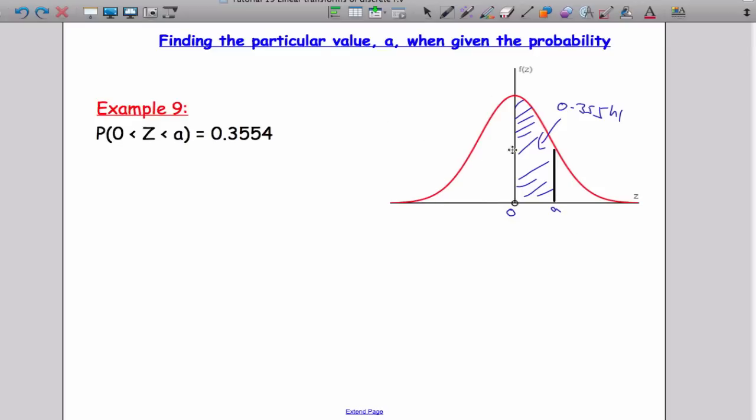Now I won't be able to work this out straight away, but I do know that if I add on 0.5 to this, it will give me the total area to the left of A. So if I add on 0.5, I get 0.8554. So now this total, the red and the blue over here, has a probability of 0.8554. So let's return to our tables.